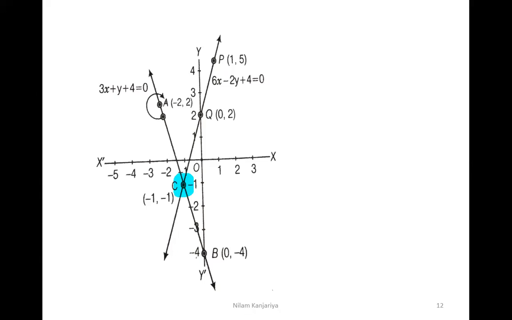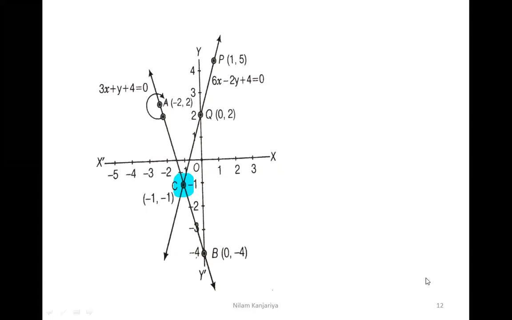How many students got it? Hello? How many students got it? Anyone? Lulu. Okay, very good. But it is done when you have two graphs, otherwise not.